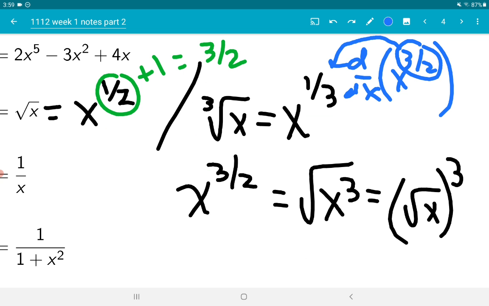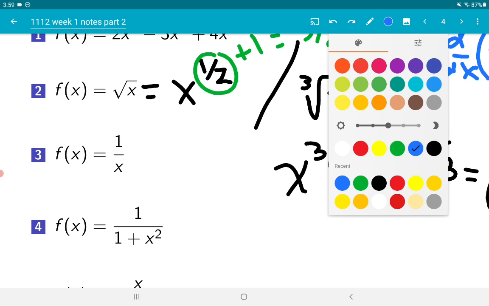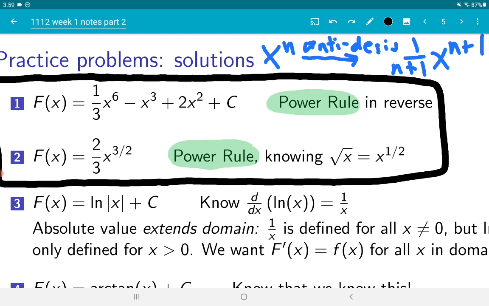Now, question number 3 here, I've meant to be actually the one exception to that rule that I just stated. So think of 1 over x as x to the -1, as a power, as an exponent. And if I try to naively apply this antiderivative power rule that I just wrote down over here, you actually end up with a big problem. If I think of n as -1, then what happens when I get to this part here and I try to do 1 over n plus 1?